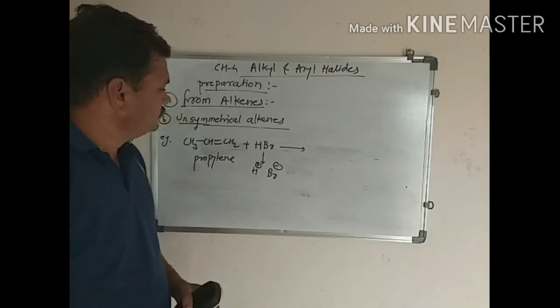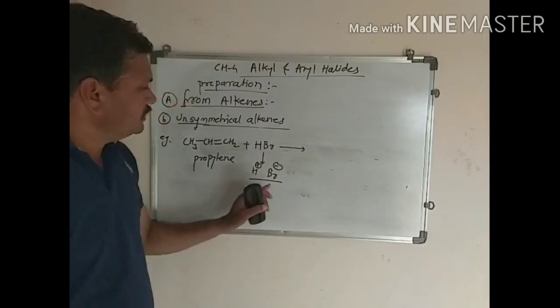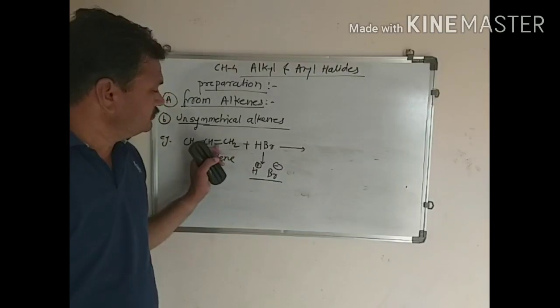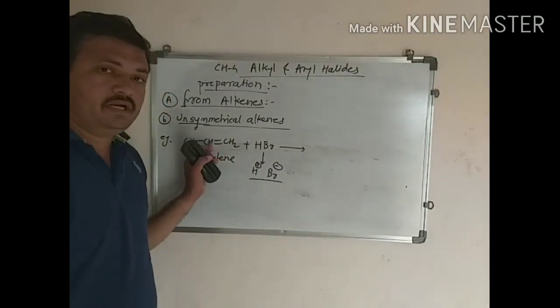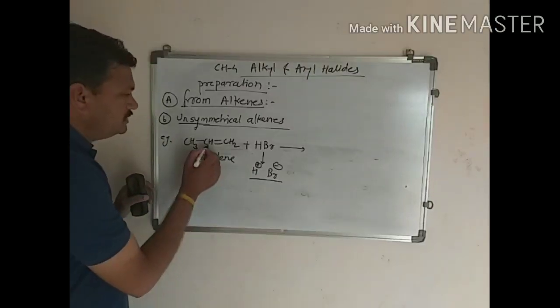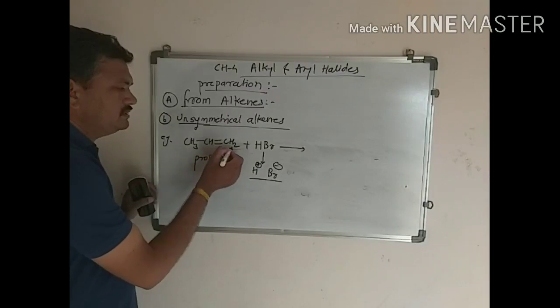And the product in which the negative part of the reagent attached to that carbon atom of the double bonded carbon which carries less number of hydrogen atom. This double bonded carbon has only one hydrogen. This double bonded carbon has two hydrogen.